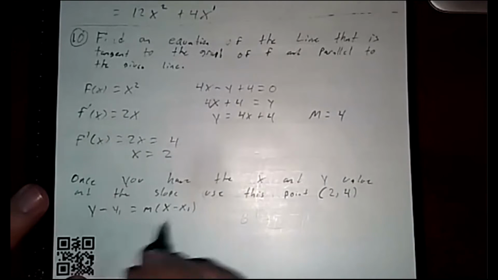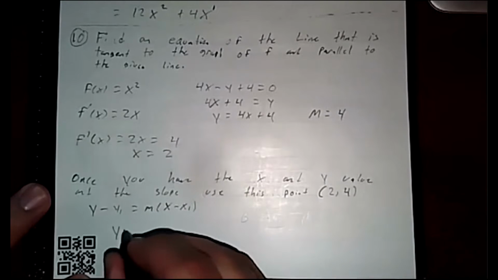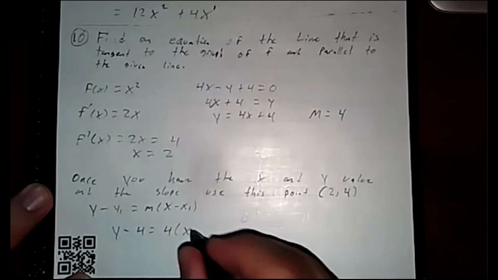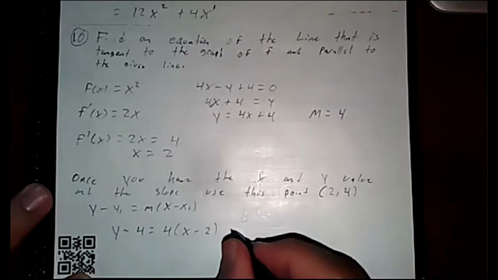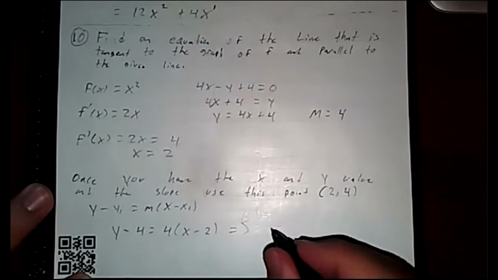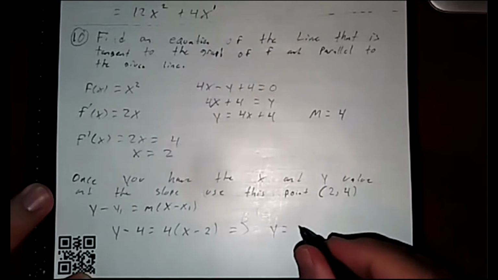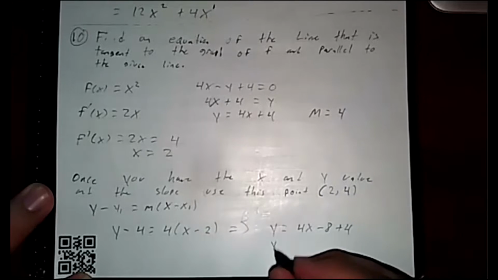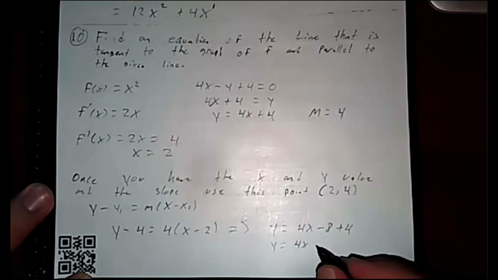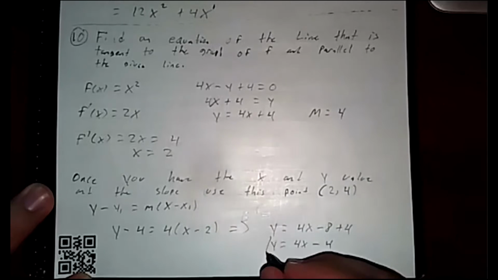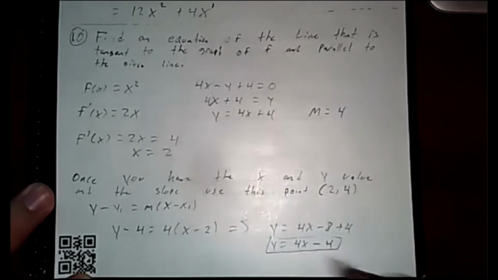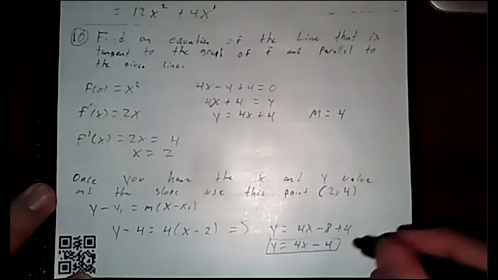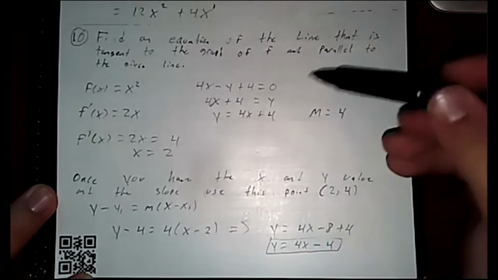So now all you've got to do is use the formula. y minus 4 is equal to 4 times x minus 2. Solve for y and you end up with y equals 4x minus 8 plus 4, which finally becomes 4x minus 4. So this is the tangent line that is parallel to their line, which is this one up here.